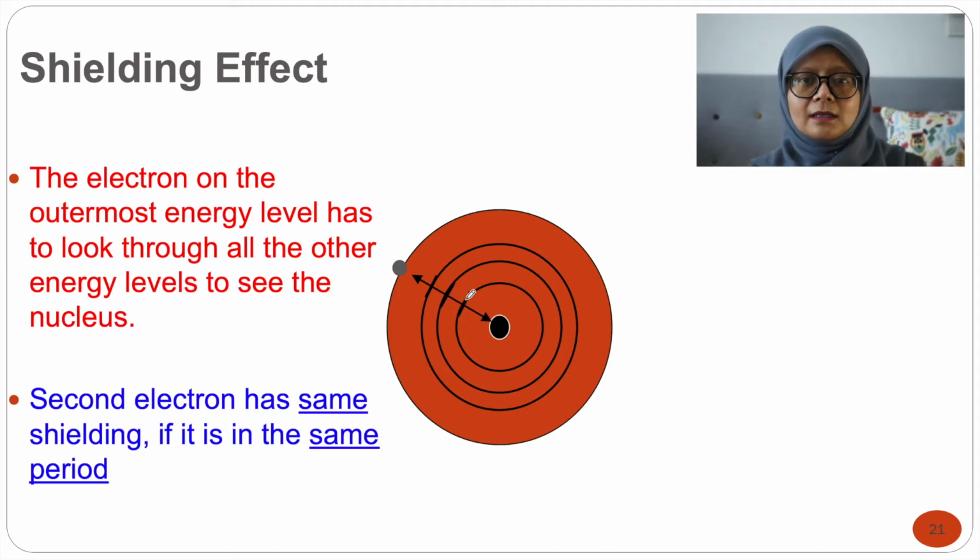So it is related to the attraction of the electrons on the outermost energy level with the nucleus. If we have a second electron, this electron also has the same shielding effect if it is in the same period. So shielding effect is related to the size. The larger the size of the atom, the higher the amount of shielding effect.